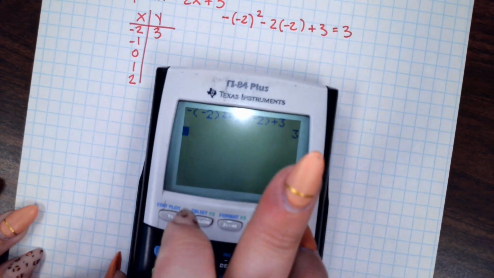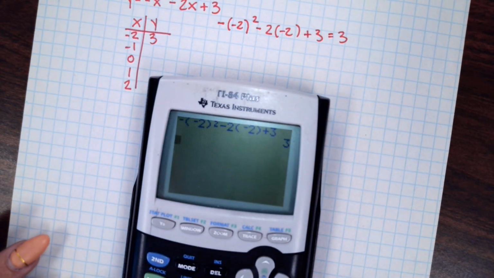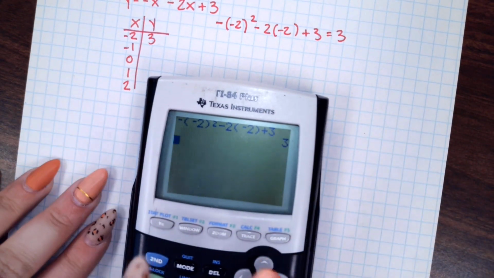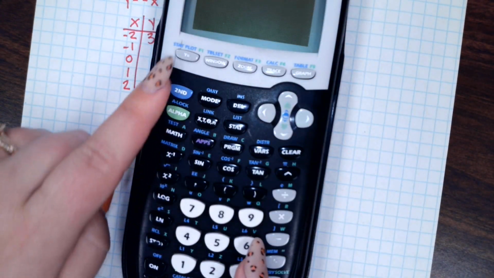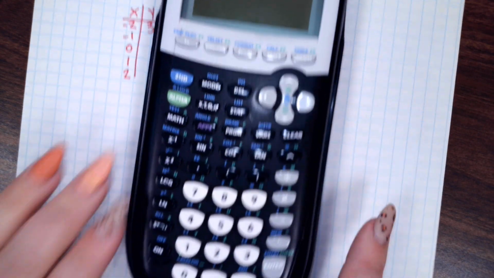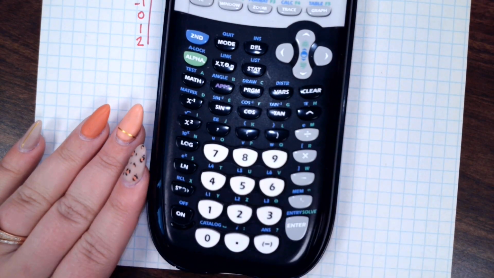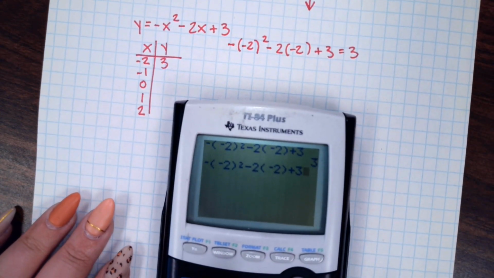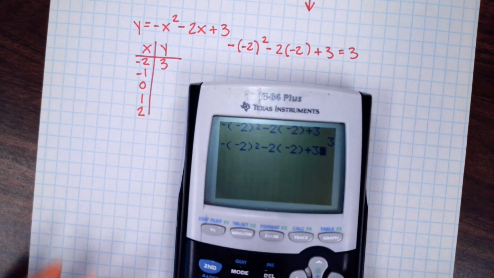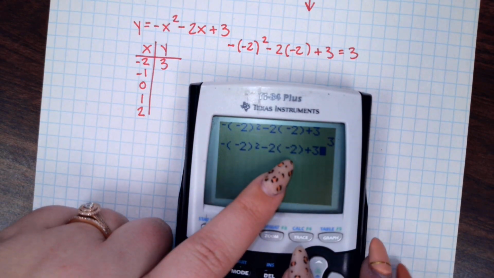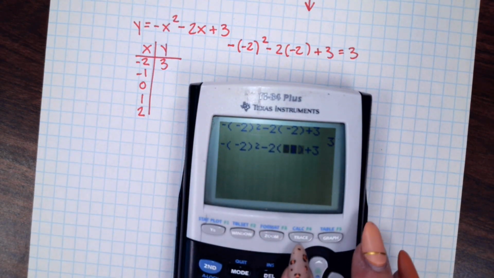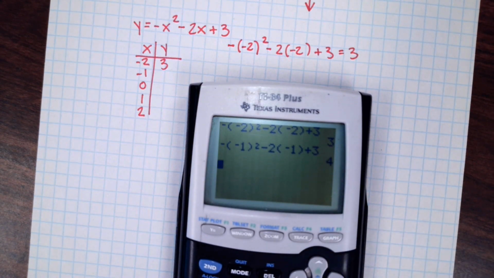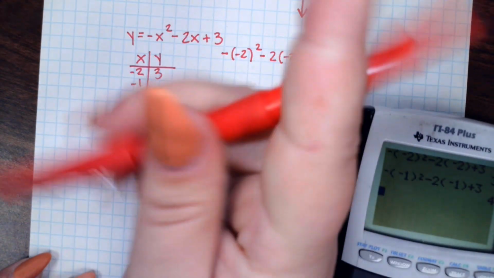Now, a handy little trick. Instead of typing this all in with -1 as x, what I can do is hit second and the enter button. So really we're hitting entry. That brings up the last thing that I put in my calculator, and then I can go back and just replace it. So instead of -2, I want -1 and -1. So we get 4.